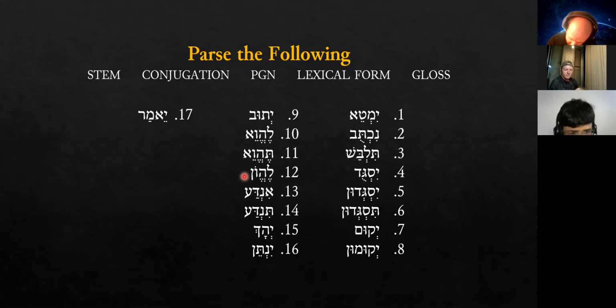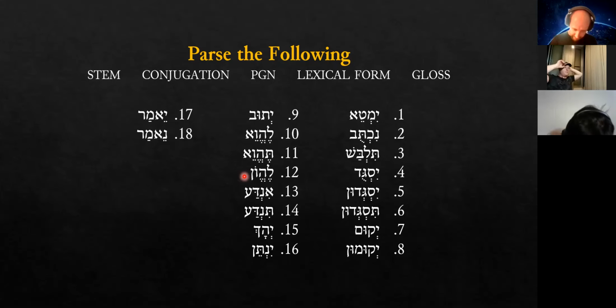17, Hosea. Yemar. Stem: peal. Conjugation: imperfect. PGN: third masculine singular. Translation: he will say. Good, very nice. Number 18, Jonathan.